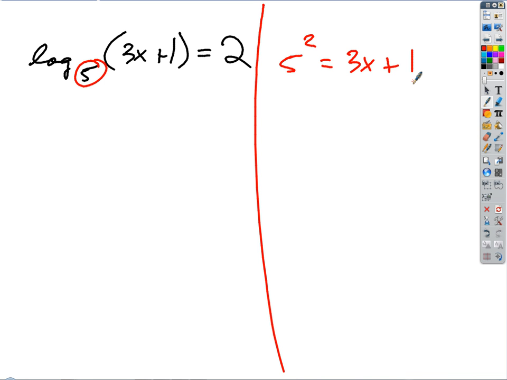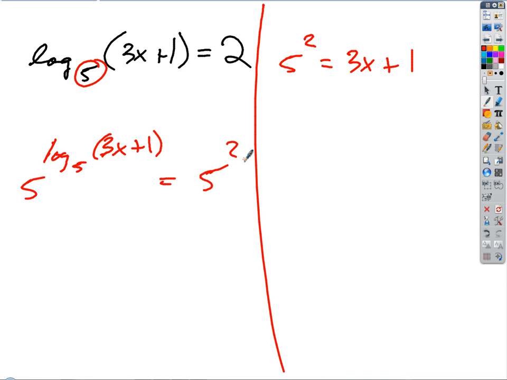No big deal. Now the trick you can also do with this, there is an algebra way to do this. If I want to undo a base 5 log, the inverse of that is a base 5 exponential. So I could take base 5 to the power of both sides. But you see, it just accomplishes the same thing, so you don't even really need to do that, right?